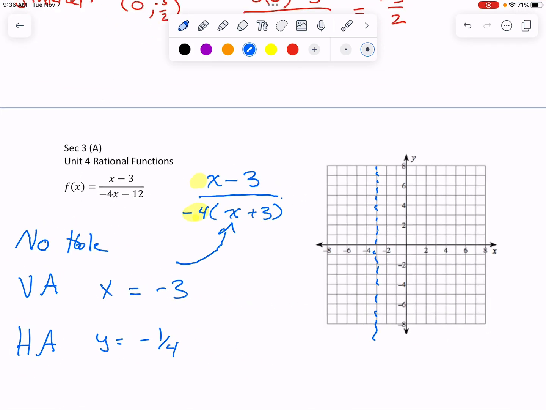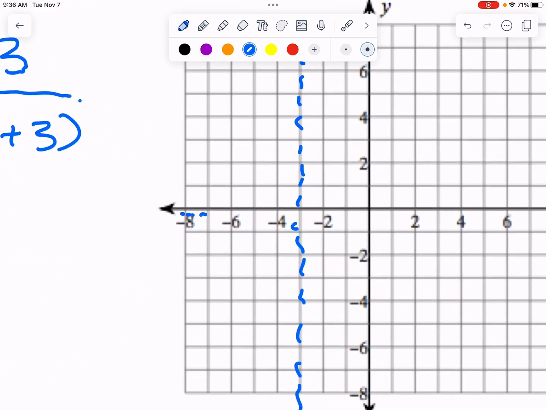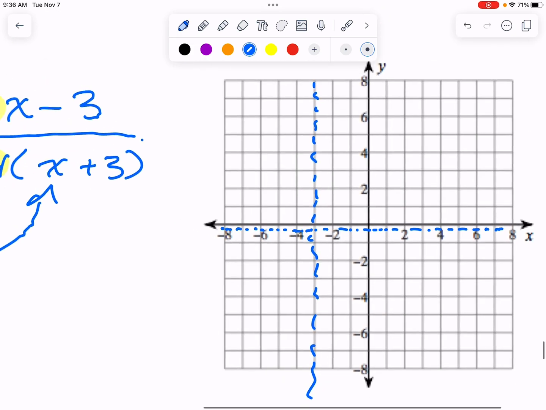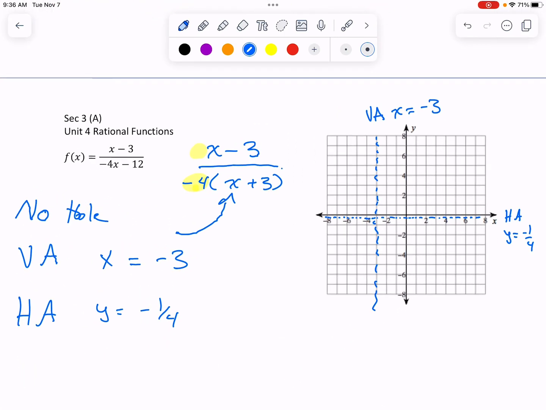So we have a horizontal asymptote really close to the x-axis, going through -1/4. Horizontal asymptote, y equals -1/4. Vertical asymptote, x equals -3.